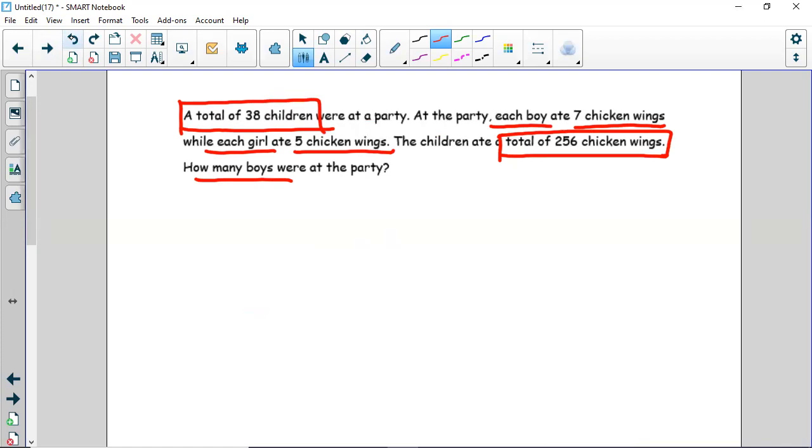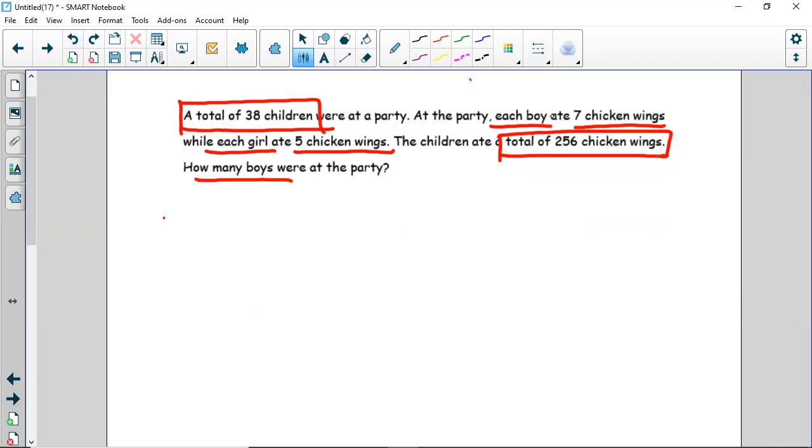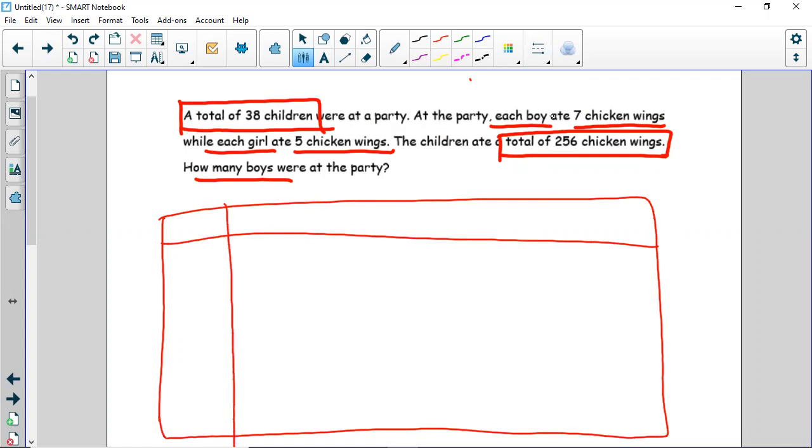All right, so how to use the 3 rows get the answer? Similar to a guess and check table, you have a rectangular table, and then you cut 1 row. And of course, you label like guess and check. So you have the boys, how many boys there are altogether, and how many chicken wings eaten by the boys.